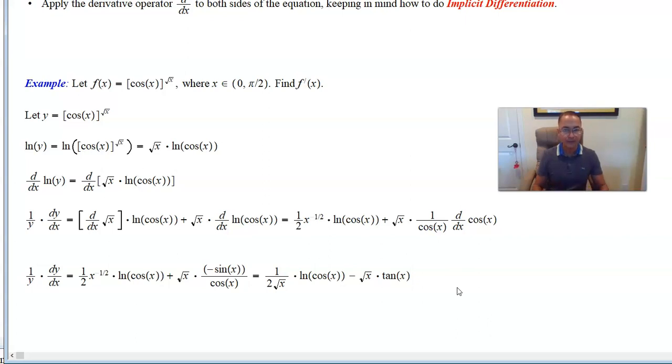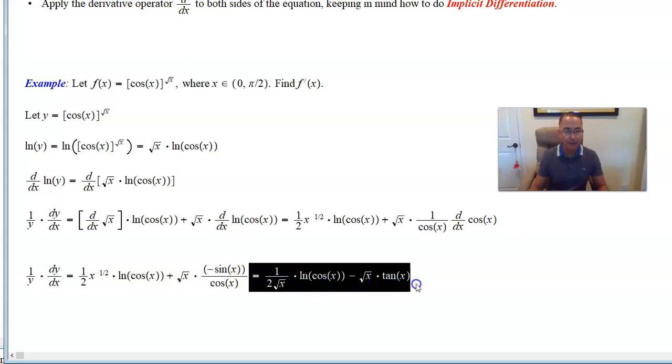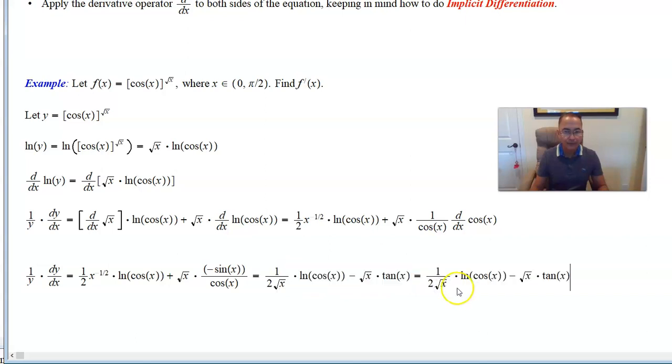Excellent. And maybe as a final step in our simplification, let's put a common denominator. We'll factor out the 1 over 2 square root of x, and we will put these together. But now we have square root of x here.